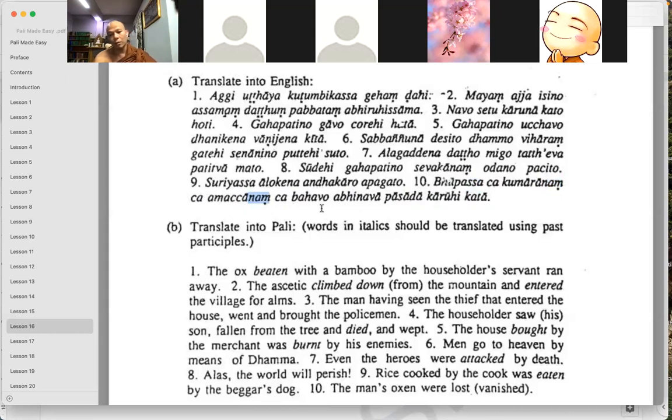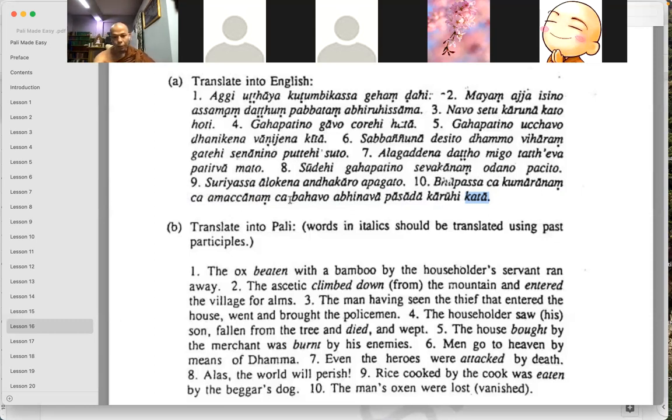So now the last one is Kata. Kata is the past participle of Karoti. So Kata here is in the nominative case, maybe singular or plural. So when you find the word ending like Buddha, it is nominative case plural.